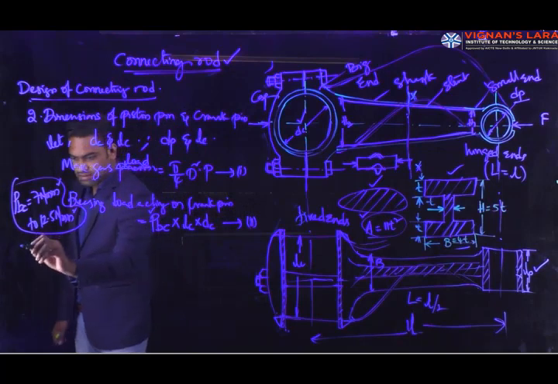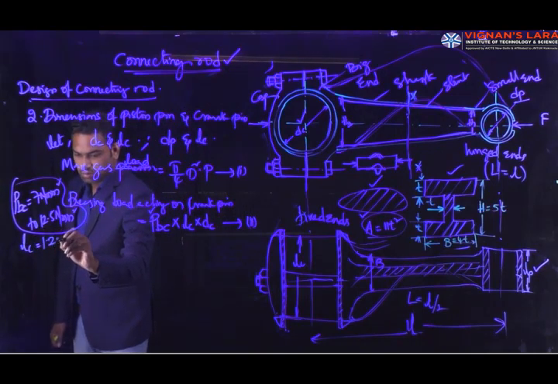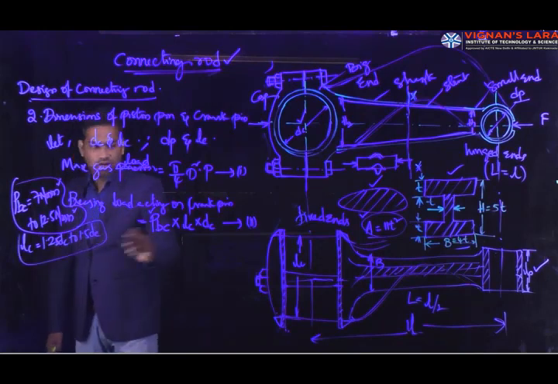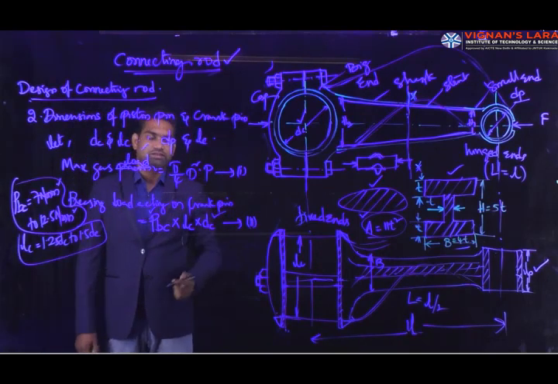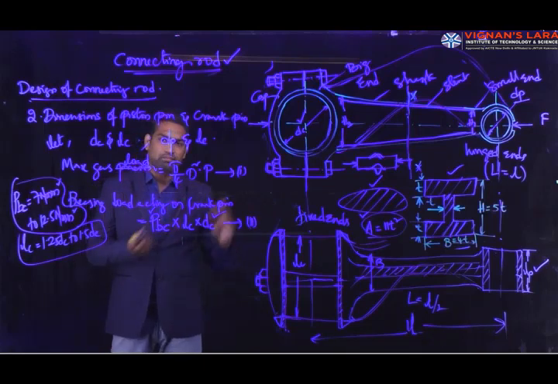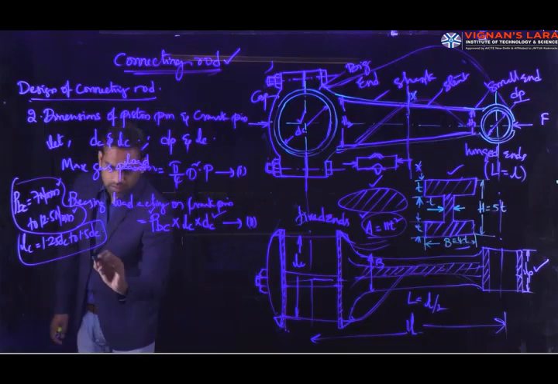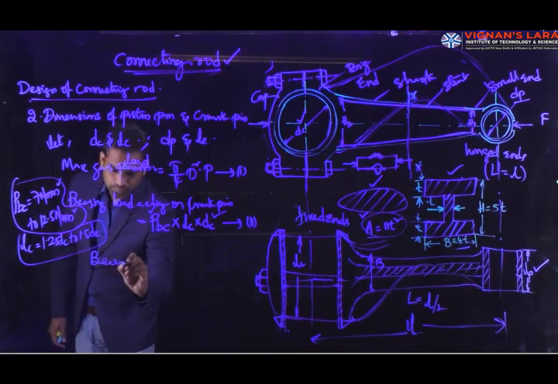You can take LC in terms of diameter, that is 1.25 DC to 1.5 times DC, so that all the equations are in terms of the diameter of the crank pin. By equating equations 1 and 2, you can calculate the diameter and length of the crank pin.